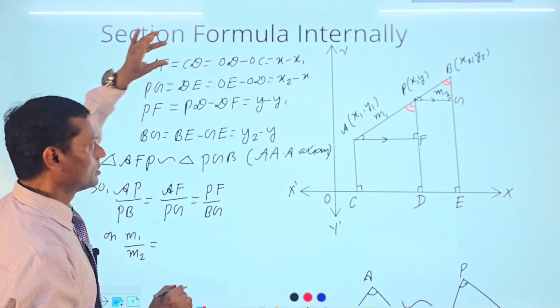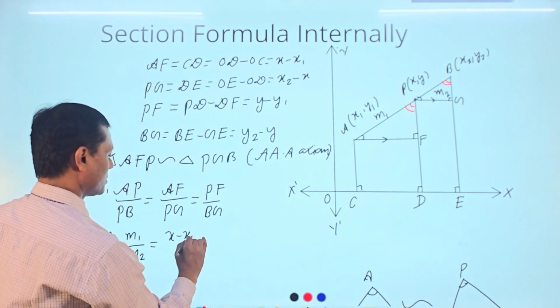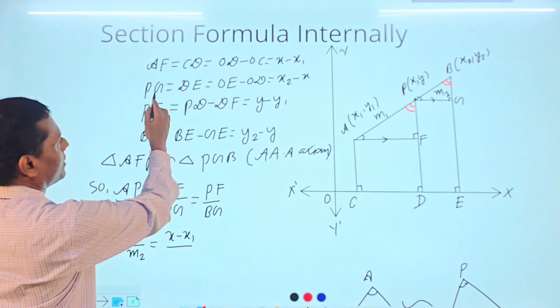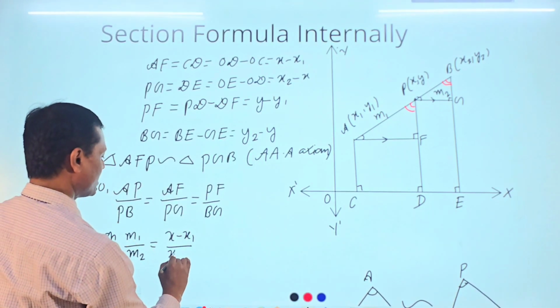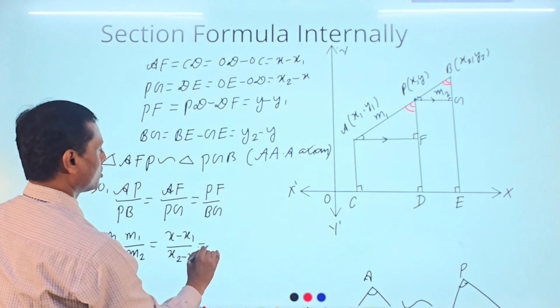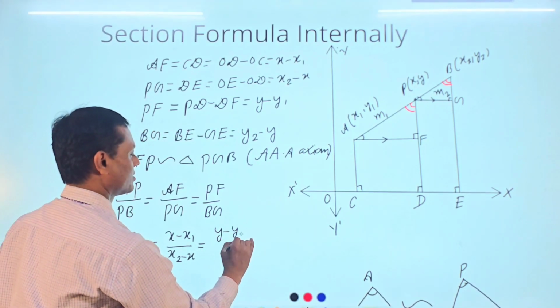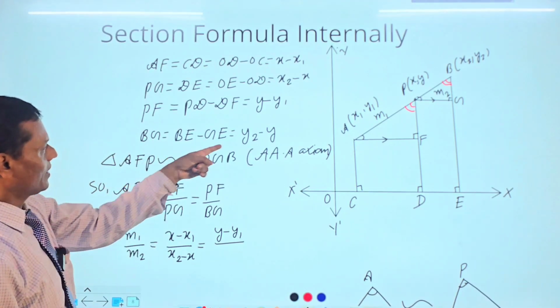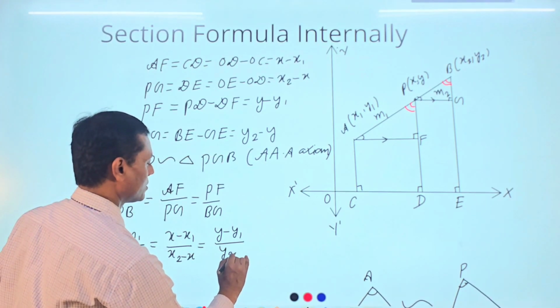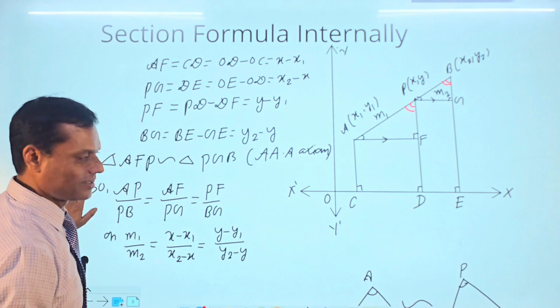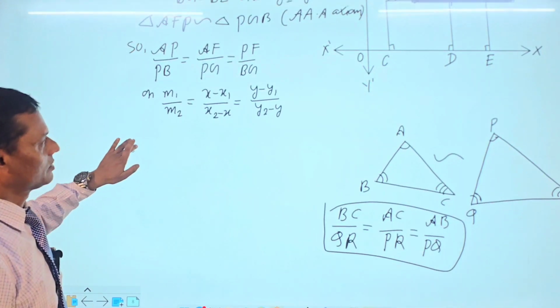We have already found X minus X1. PG is X2 minus X. PF is Y minus Y1. BG is Y2 minus Y, isn't it?